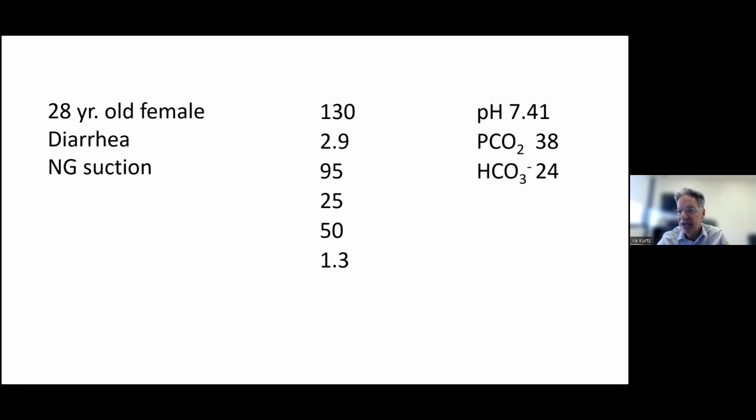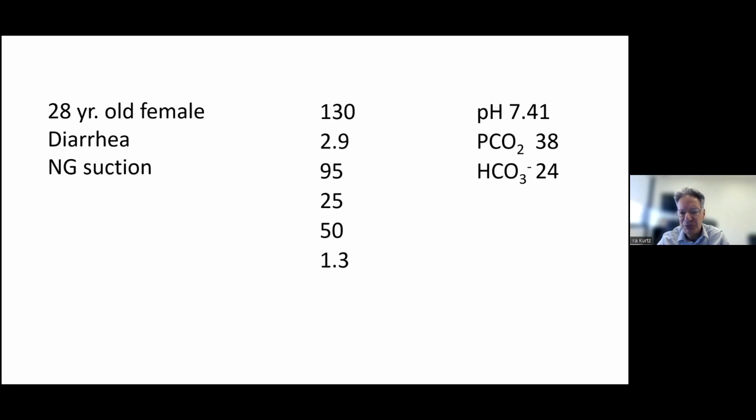The fact that we have normal numbers here, let's first talk about the bicarbonate. The fact that the bicarbonate's normal must mean that these things are equal in magnitude. The bicarbonate generation, excuse me, the bicarbonate going into the gastric vein is quantitatively equal to the bicarbonate loss that's occurring from, usually it's small bowel diarrhea that leads to a non-gap metabolic acidosis.